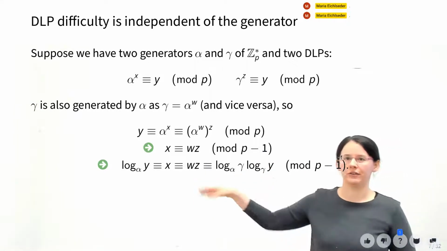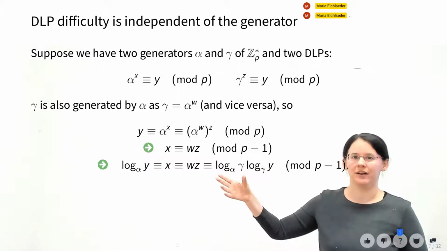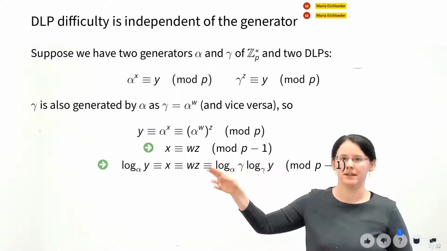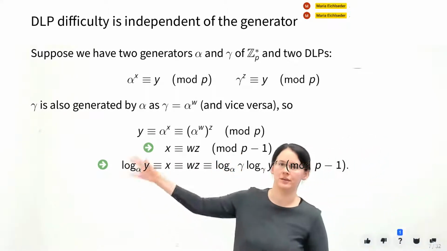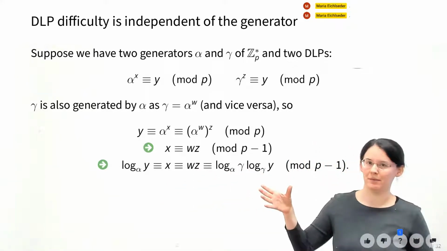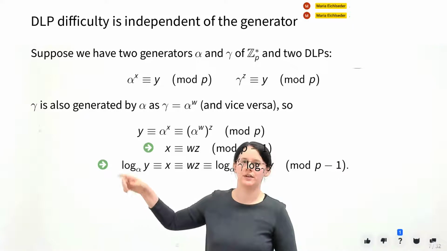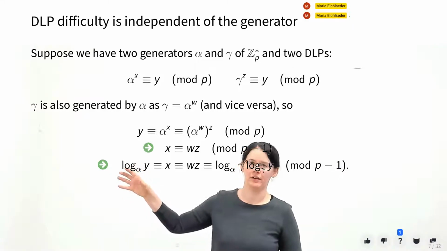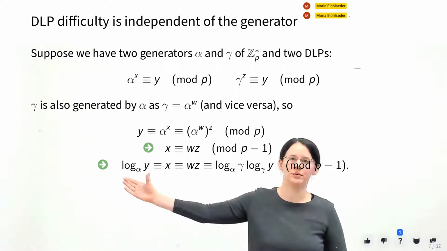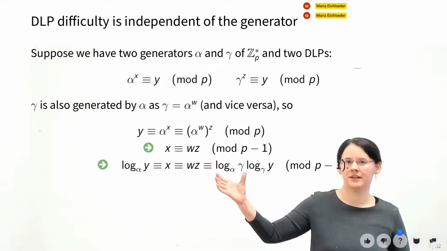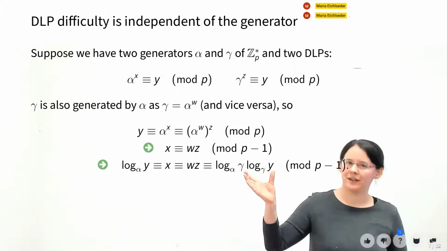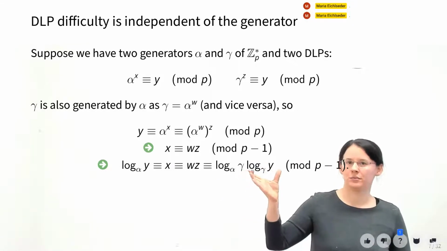And I can simply rearrange that. For example, I can divide by this number here. Then I have a left-hand side with alphas and a right-hand side with gammas. If I can efficiently compute everything to base alpha, then I can easily compute this and this, and as a result I efficiently obtain my logarithm to base gamma.